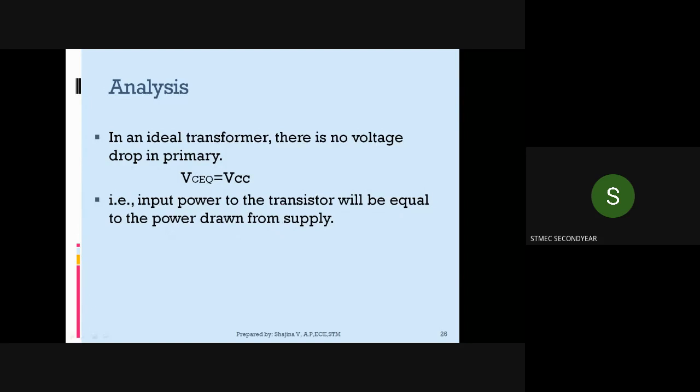So we can write power input to the transistor will be equal to input DC power, which is equal to what? Total voltage drop across the transistor is VCEQ, right?